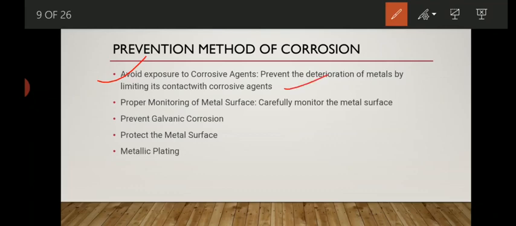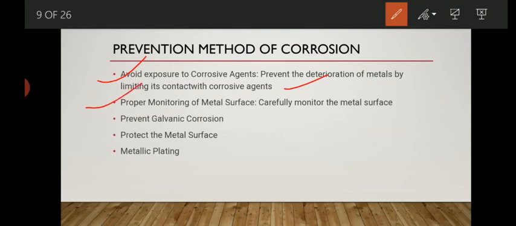By applying grease, paint, or oil. We will protect our metal from corrosive agents like air, moisture, water and other chemicals, because paint, grease and oil behave like a protective covering over the surface of the metal which avoids the direct contact of corrosive agents.